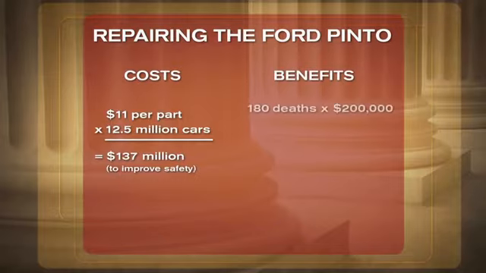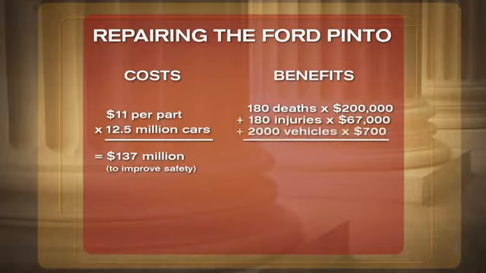And they counted 180 deaths, and they assigned a dollar value, $200,000 per death. 180 injuries, $67,000. And then the replacement cost for 2,000 vehicles that would be destroyed without the safety device, $700 per vehicle.